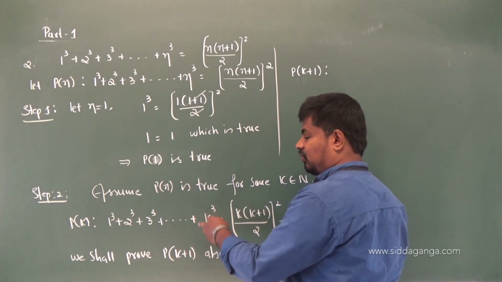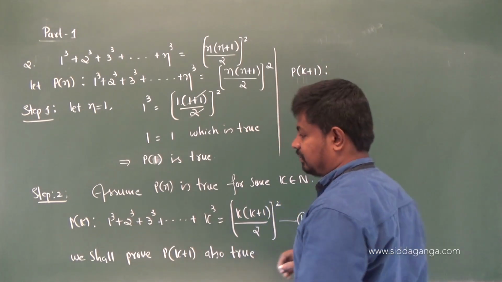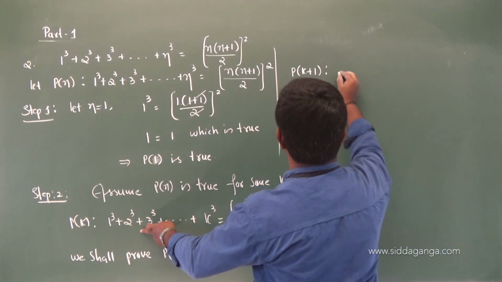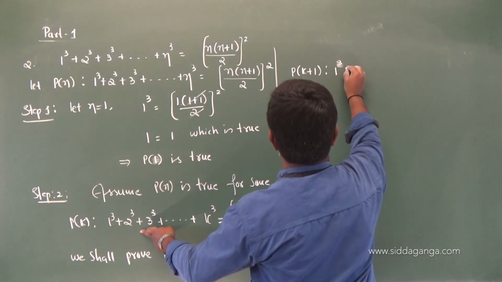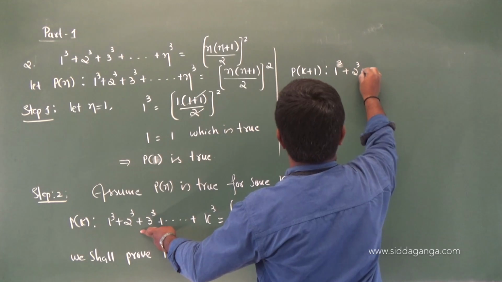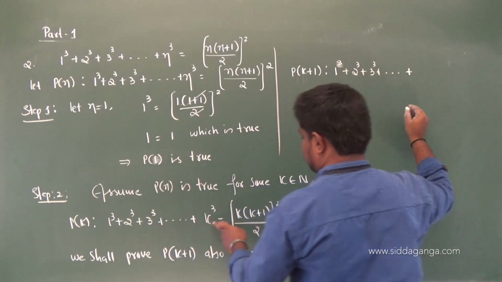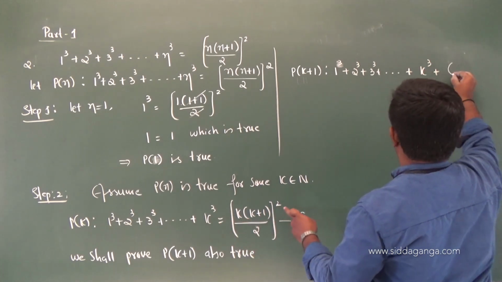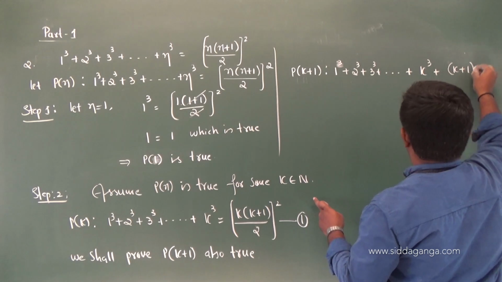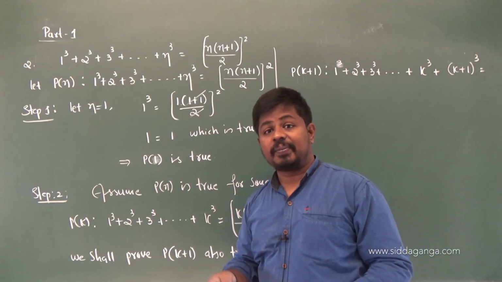To prove this is true for k plus 1 number of terms also, right? As it is written, LHS 1 cube plus 2 cube and so on. K cube, what is the next term? Right? K plus 1 whole cube. Okay? Next term will be k plus 1 whole cube.